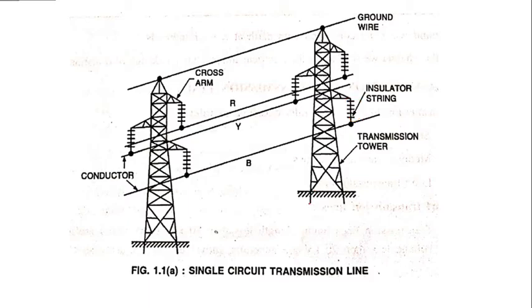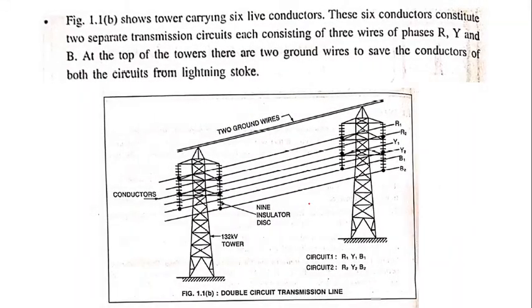Now moving forward, figure B shows a tower carrying 6 live conductors. These 6 conductors constitute 2 separate transmission circuits, each consisting of 3 phase wires, R, Y and B. At the top of the tower there are 2 ground wires to save the conductors of both circuits from lightning strokes. As we can see, there are a total of 3 conductors on the left hand side and 3 conductors on the right hand side of the tower.